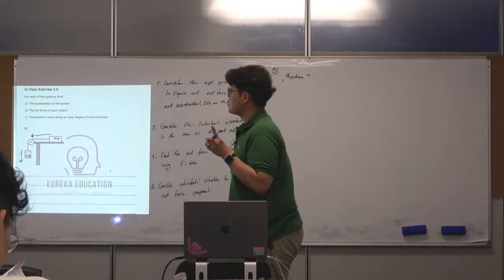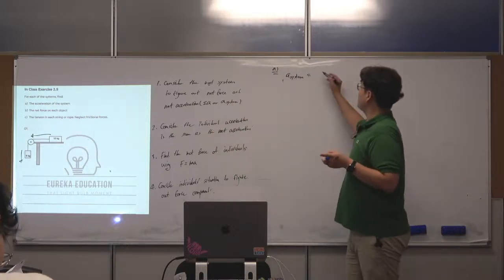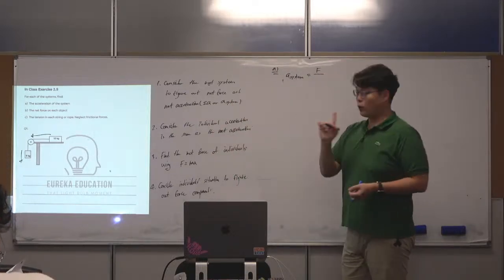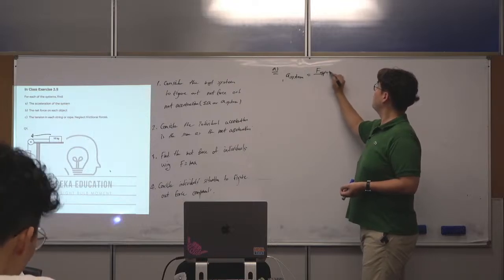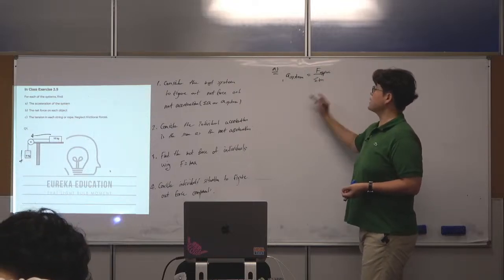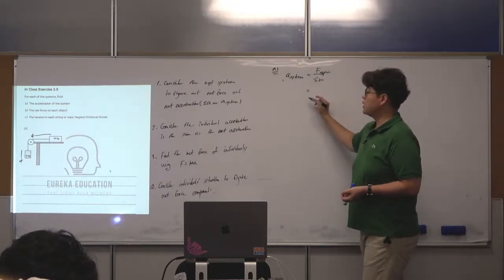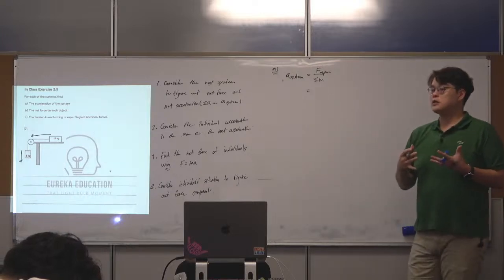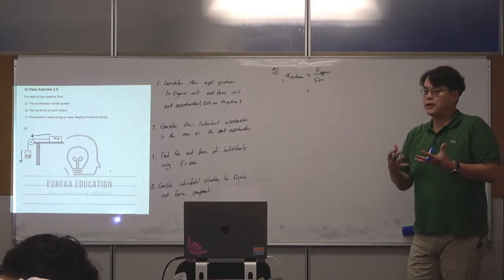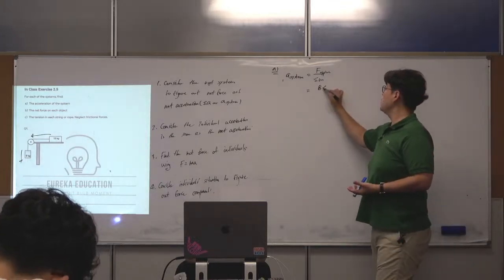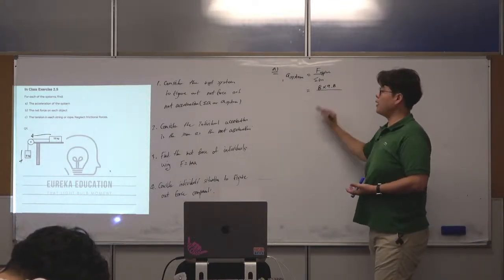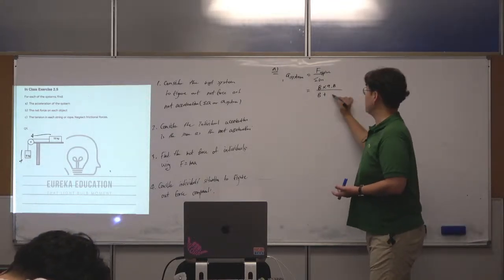Then we consider that the acceleration is the force applied divided by the net mass that you have. The force applied in this case is from the weight of the 8 kilo. The 8 kilo is the one exerting the force. So 8 times 9.8 divided by 8 plus 16.